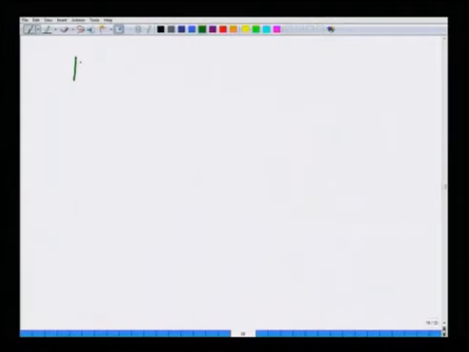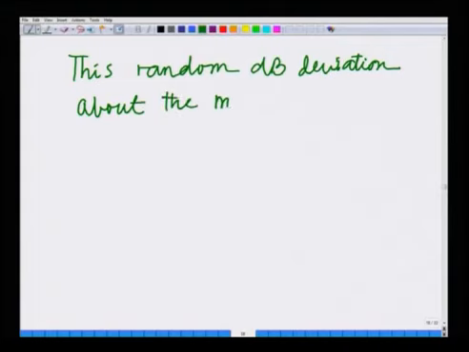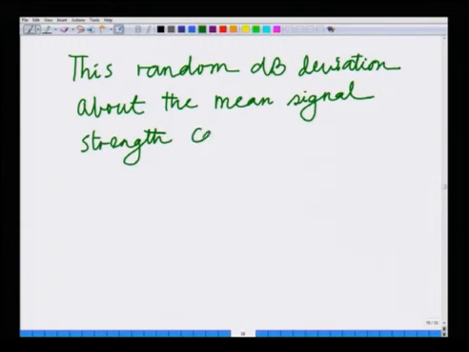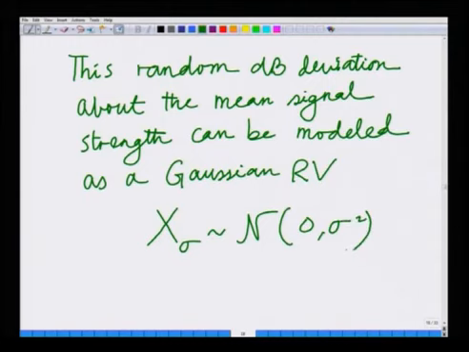It can be modeled as a Gaussian RV, X sigma, with 0 mean and variance sigma square.